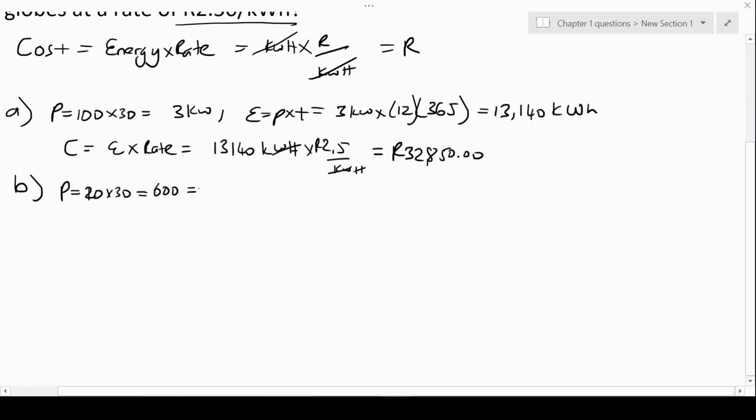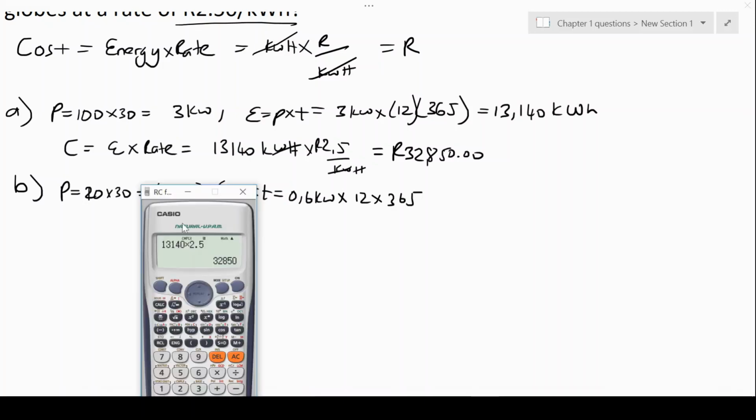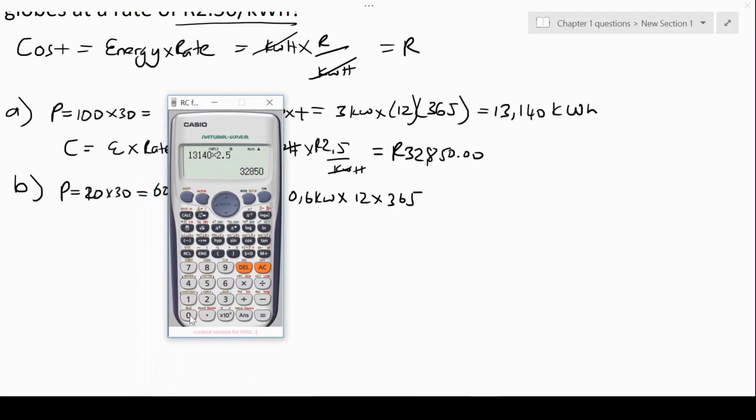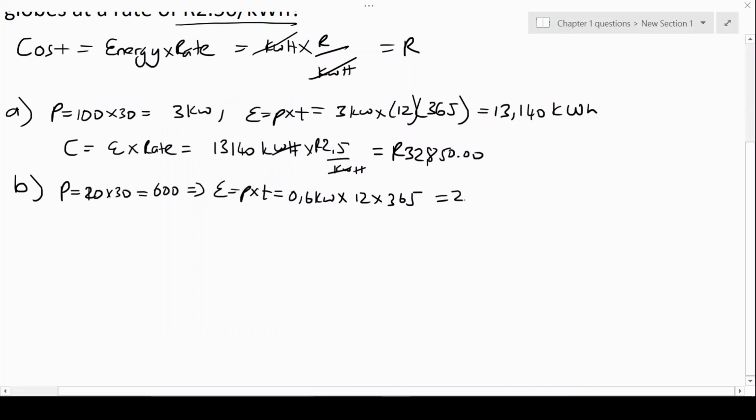And the energy, which we know is power multiplied by time, is going to give us 0.6 kilowatts multiplied by 12 hours times 365, and that gives us 2628 kilowatt hours.